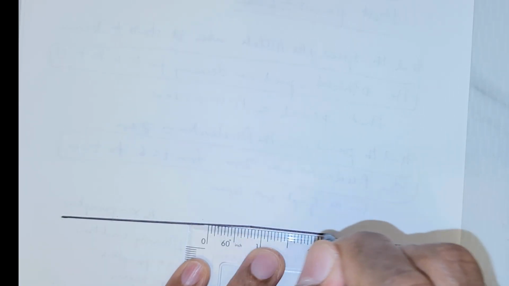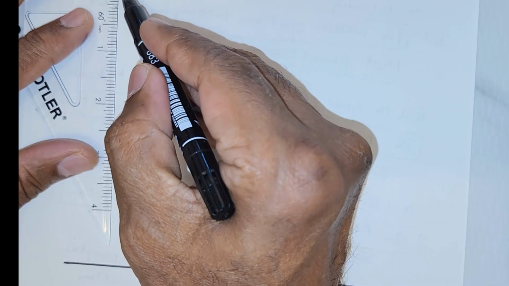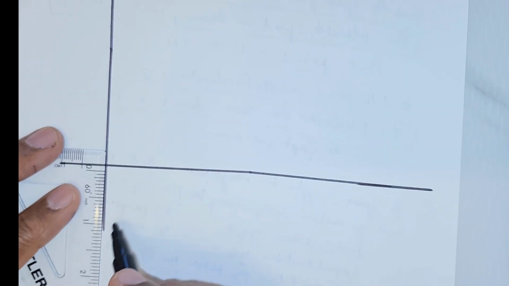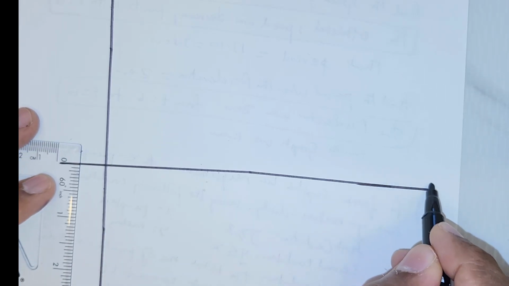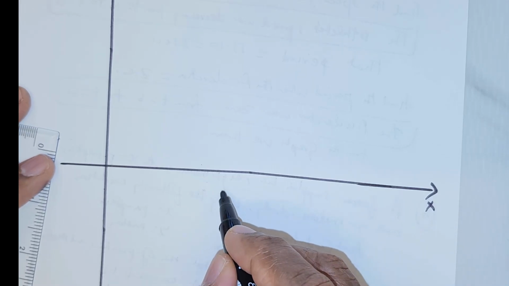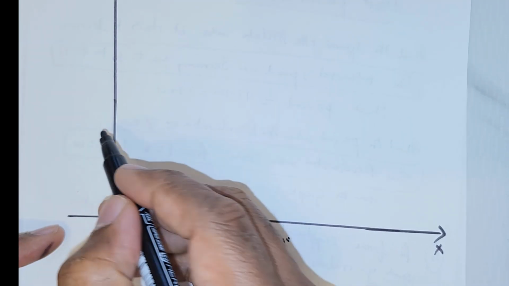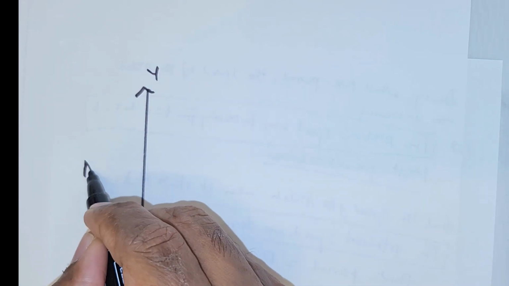Okay, so let us draw the axis. So this is going to be my x-axis, and x-axis is pumpkin, right? And y-axis is melon.